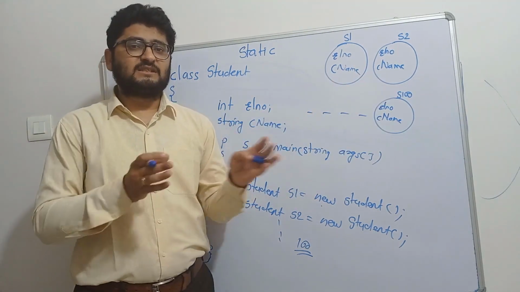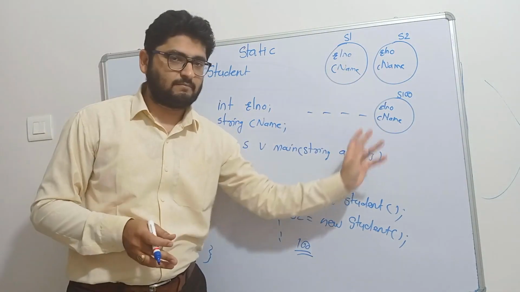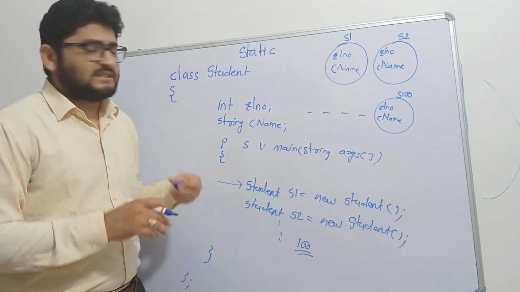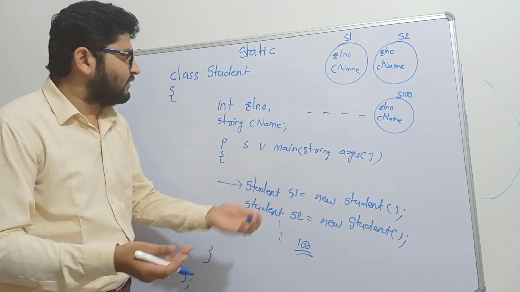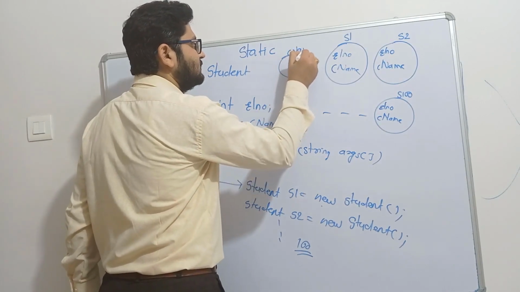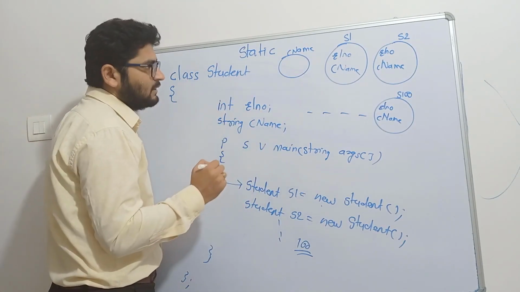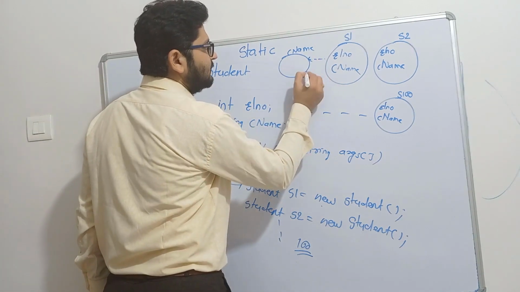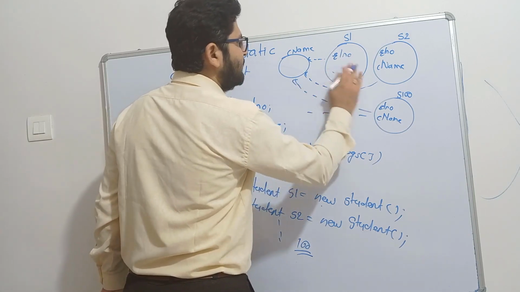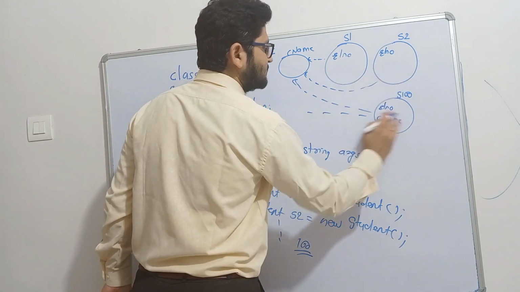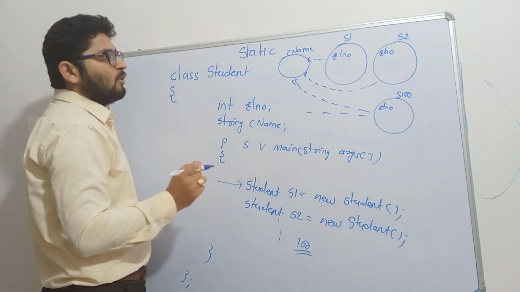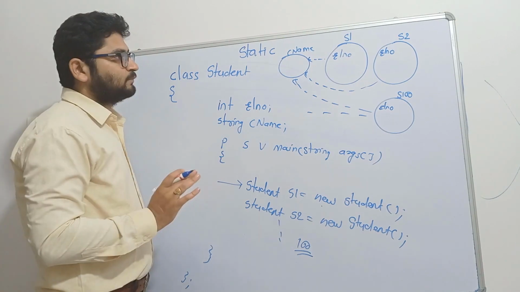So don't you think we are wasting memory while storing the college name, because the college name of all these students is the same? What is a better way of doing the same thing? The better way is to create a single copy of the cname variable, which can be shared by these objects, so that in memory there is only one copy of the college name and a separate copy of the roll number for each student.